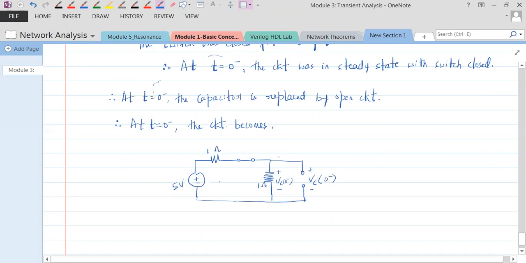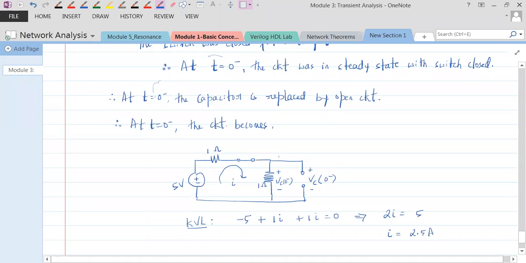Okay, so when there is 5 volts, there will be a current flowing. Let's say that is I. KVL says what? KVL says minus 5 plus 1I plus 1I equal to 0. It implies that 2I is equal to 5. Further, it implies that I is 2.5 amps.